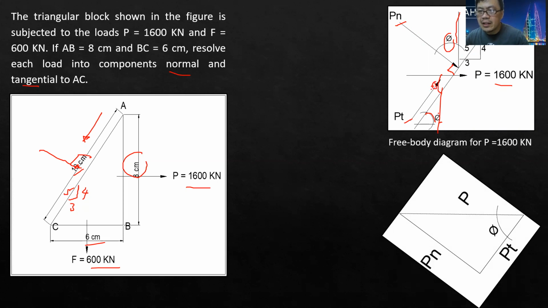If this is Pt, this one is Pn. If we have theta, then we can compute the normal and tangential components of P. Why? Because this is our theta.